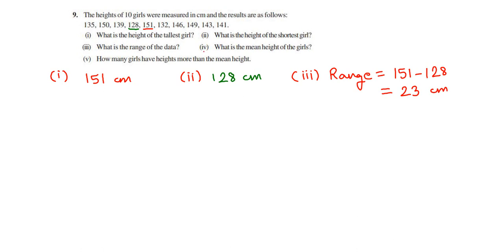In fourth part we are finding the mean height of girls. For mean height we need to add all these numbers and then we will divide that sum by 10.